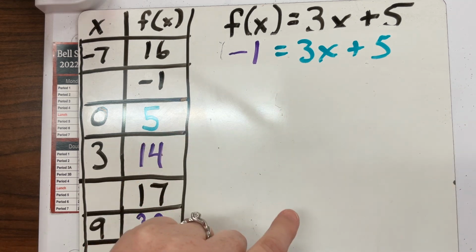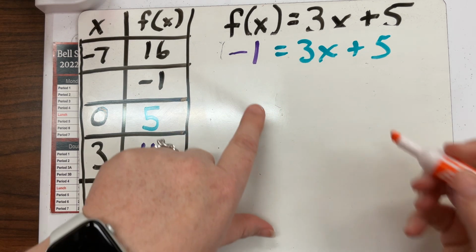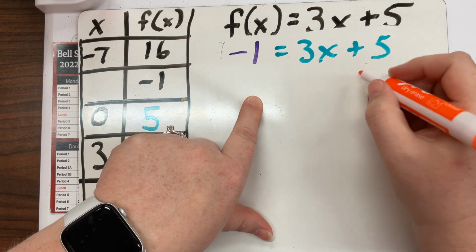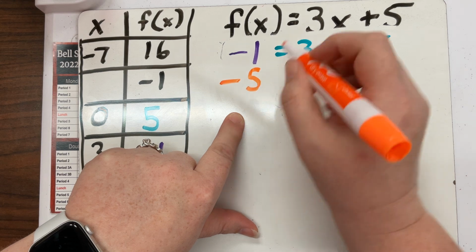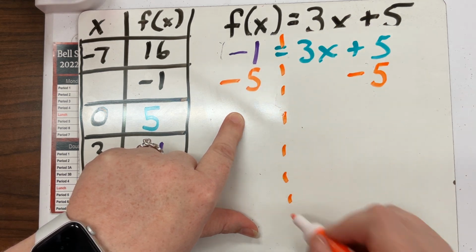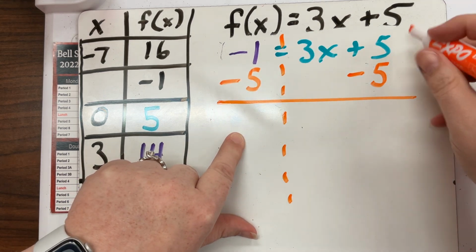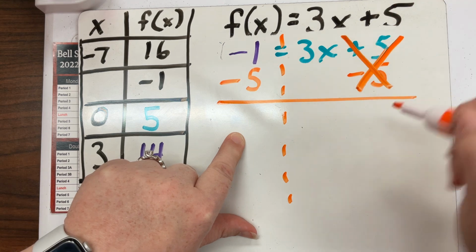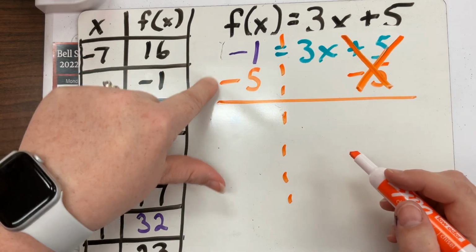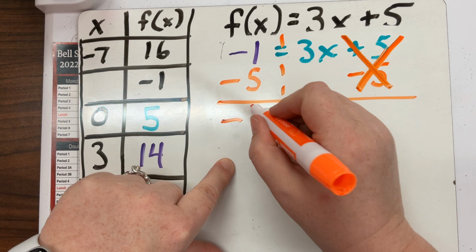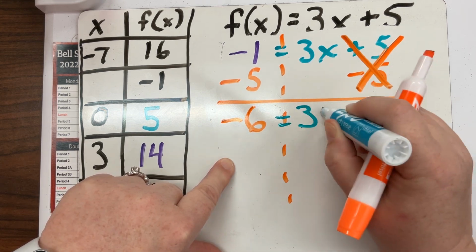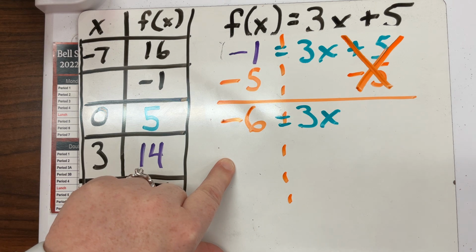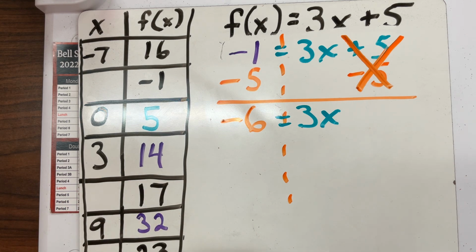Okay, now does this look like a problem that we're familiar with? Now it's just a two-step equation. What do I do next? Opposite of plus 5 is minus 5. Minus 5, don't forget, we need our little line here. These guys cross out, okay? -1 minus 5, that's -6, equals 3x. Okay, what happens next?